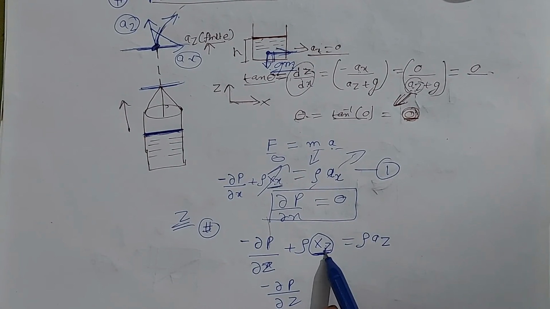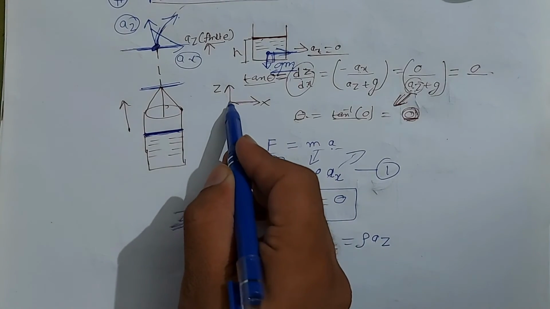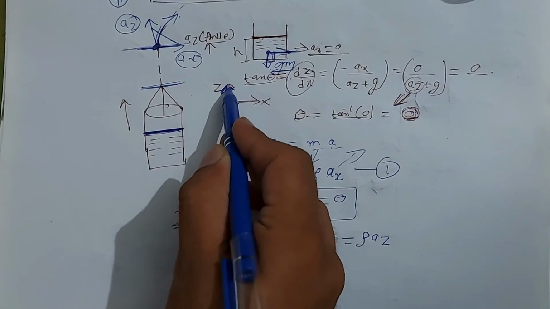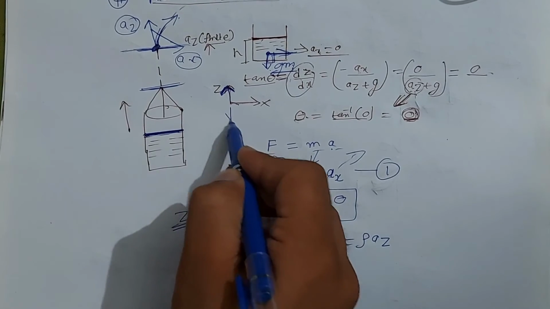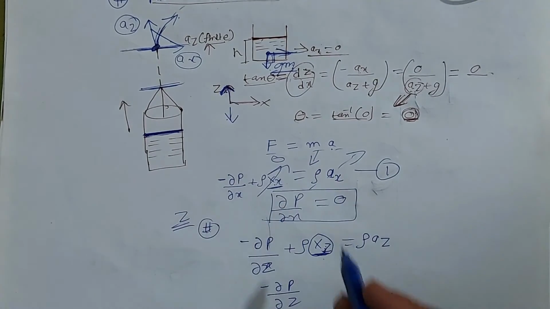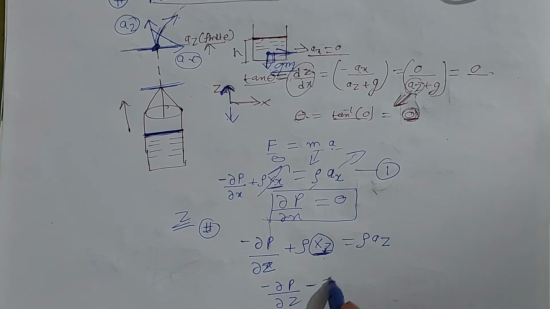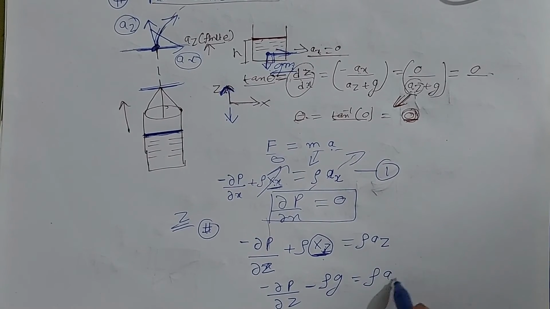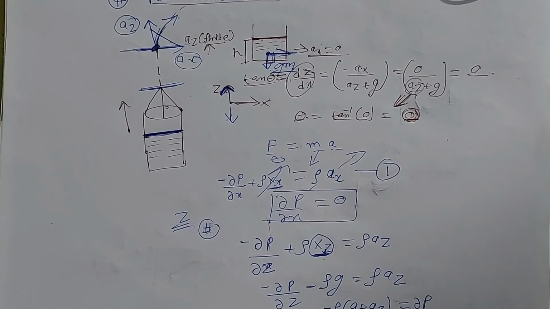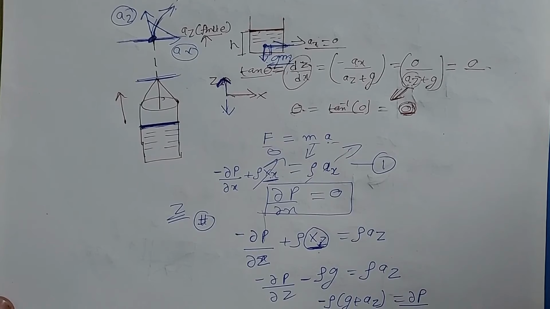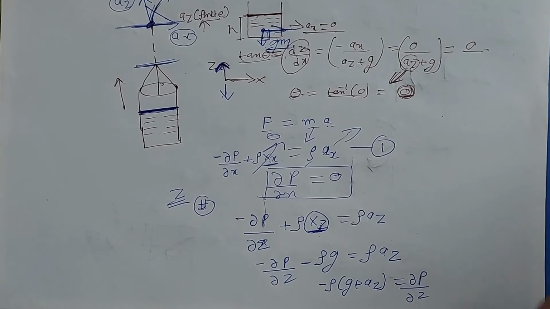But since z is in upward direction and g is acting in the downward direction, both have opposite directions, so minus g will come. Minus rho g equals rho az. So if you rearrange it, you will get minus rho (g plus az) equals del p by del z. Sorry if it is not visible to you, I will make it visible to you, don't worry.